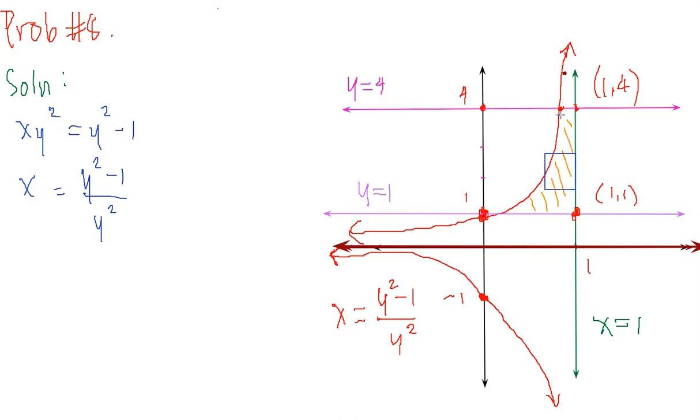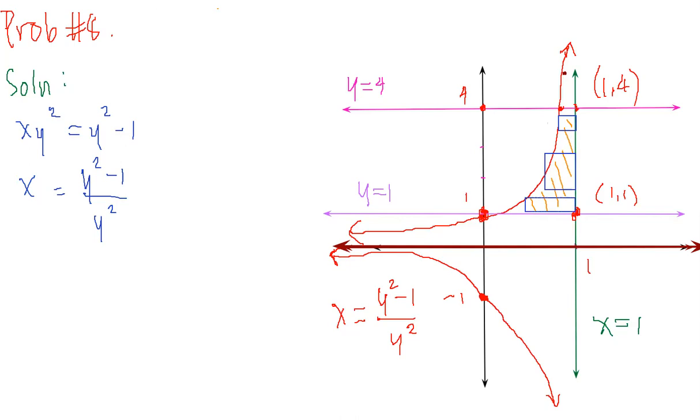Let's try constructing a rectangular strip on the other parts. Here, they're behaving the same way. Here also, they're behaving the same way. So it's better to use the horizontal rectangular strip than the vertical, because vertical gives us two partitions of the region wherein we need to calculate the area of each partition. But in horizontal, we're just going to compute one area of the region, which is the region that we're looking for.